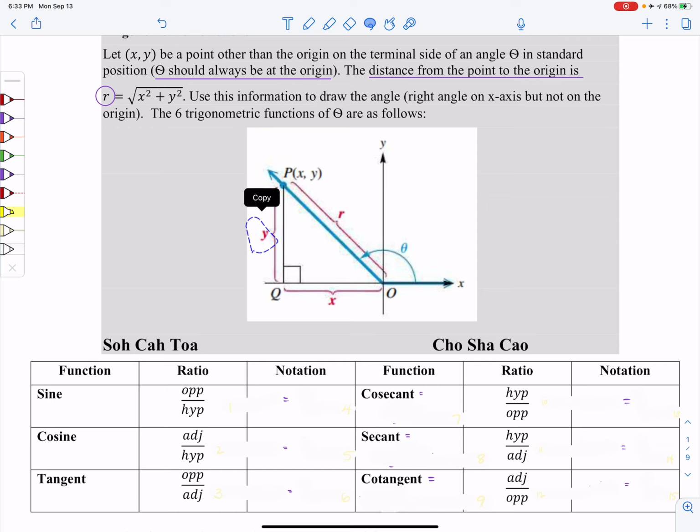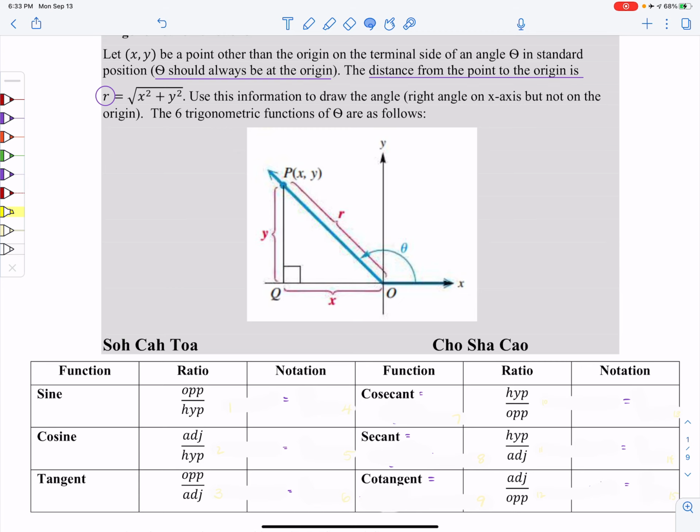But here's the big deal: the right angle cannot be at the origin. You'll notice here, my right angle is not at the origin. If you put your right angle at the origin, you've done it incorrectly. Theta is the angle that should be at the origin.